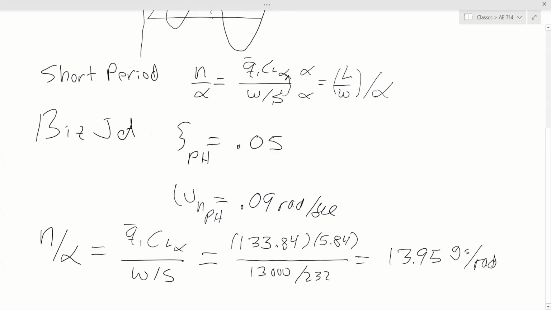And we get 13.95 G's per radian. And it's per radian because the lift curve slope is per radian, because it's on the order of pi. So now we have to go back to the chart. Remember this number, because we have to see if it falls within the bounds.